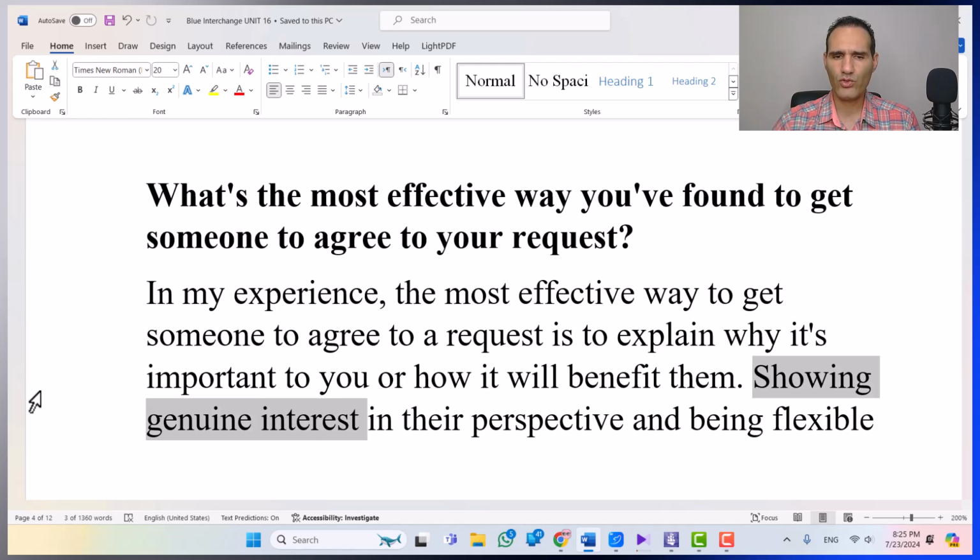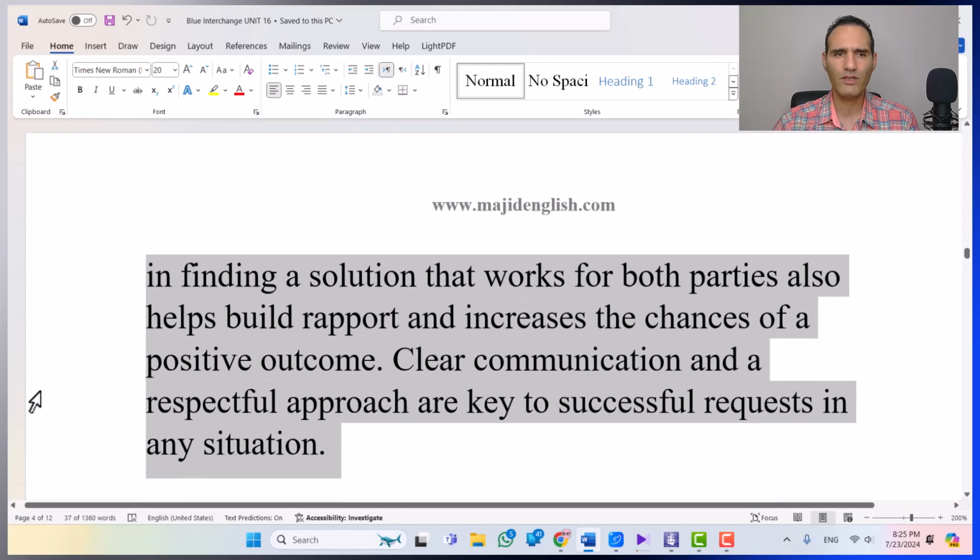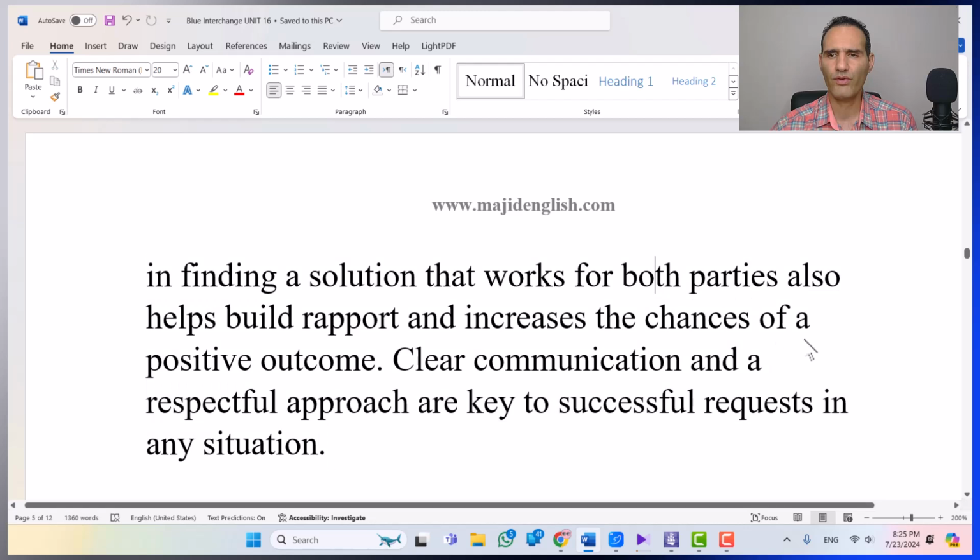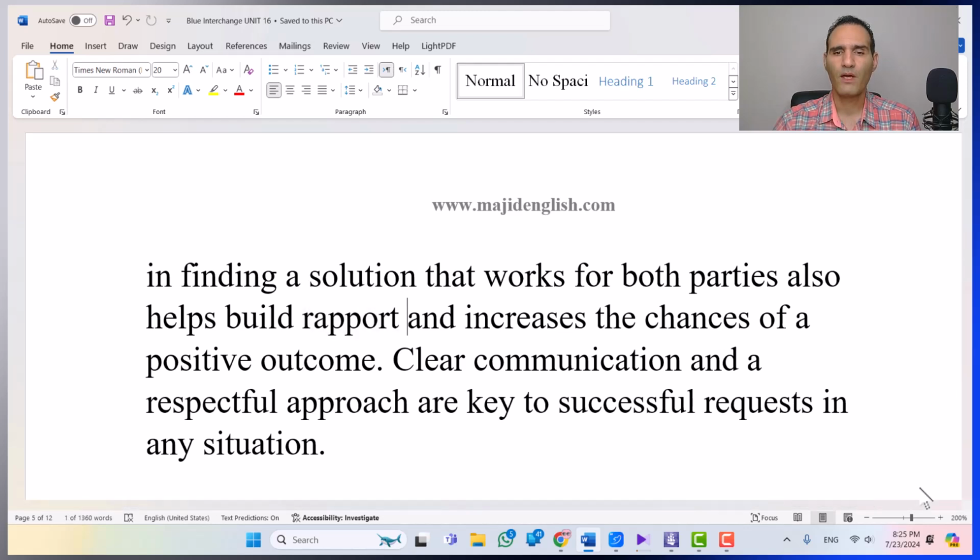Showing genuine interest in their perspective and being flexible in finding a solution that works for both parties also helps build rapport and increases the chances of a positive outcome.